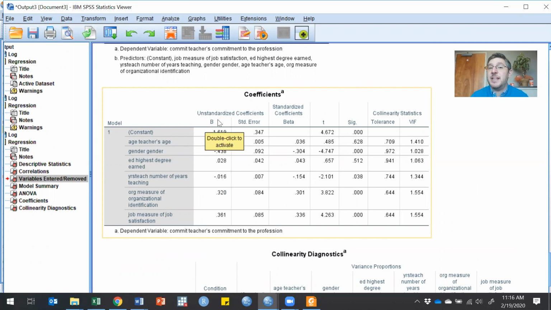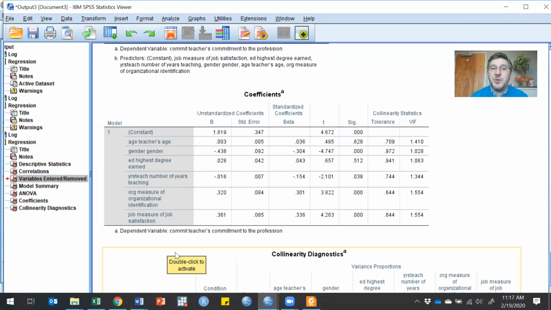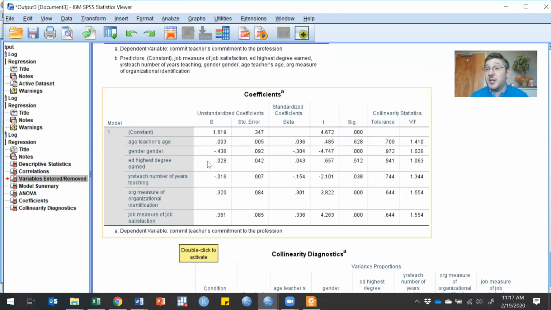In this case, this would be the predicted teacher's commitment to the profession for a teacher who had an age of 0, a gender of 0, which doesn't make any sense because they were coded 1 and 2, whose highest degree earned was equal to 0, which also doesn't make sense, who spent 0 years teaching, who had a 0 on the organizational identification measure and 0 on the measure of job satisfaction.